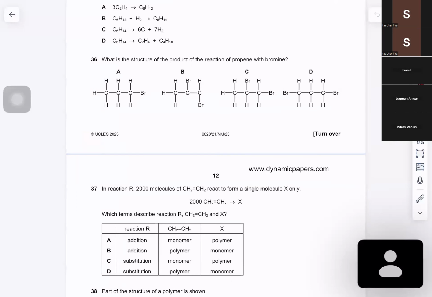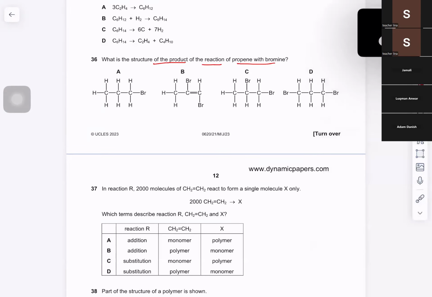So, what is the structure of the product of the reaction of propene with bromine? Okay. Prop, 3 carbon. So, you have the 3 carbon.